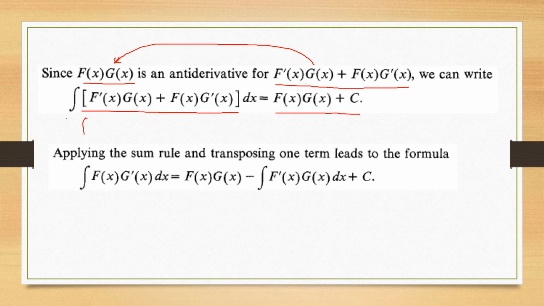This integral sign plus this integral sign, and here this is this part, while we have shifted this part to the right hand side here, and this term is already available here. The constant of integration is again there.